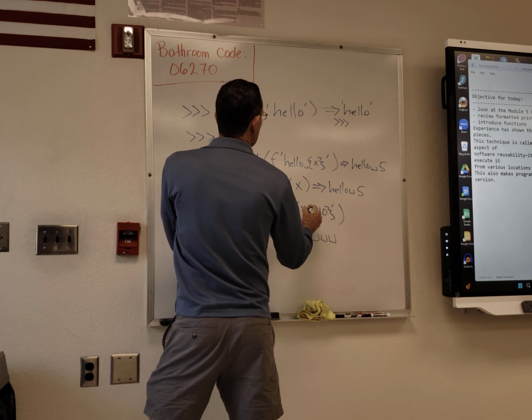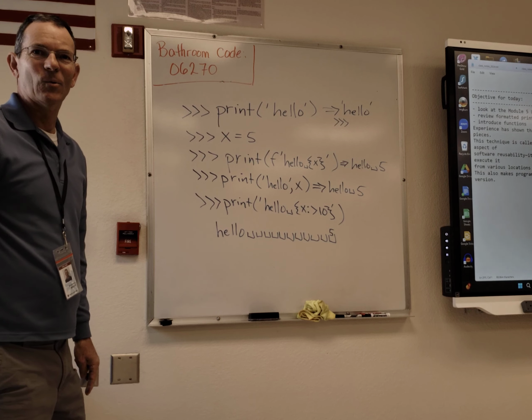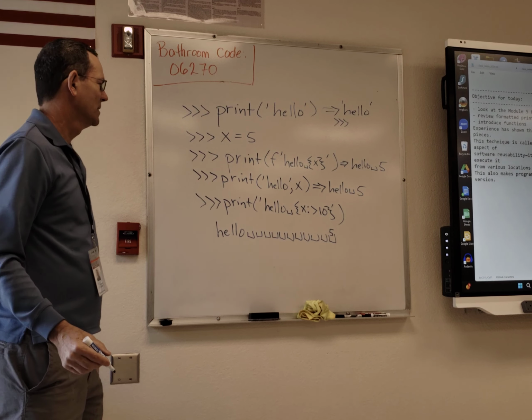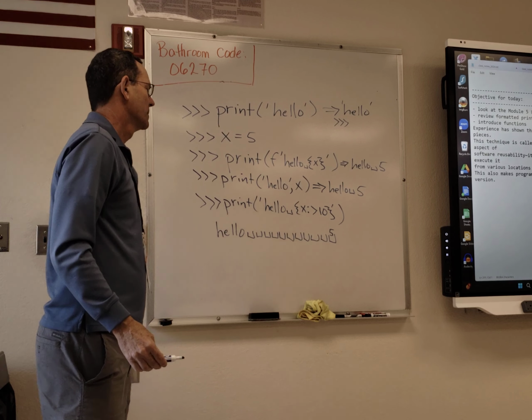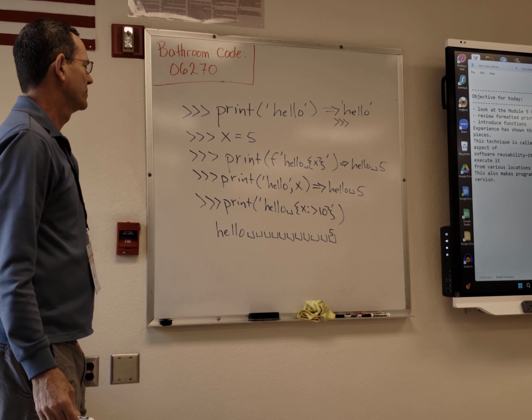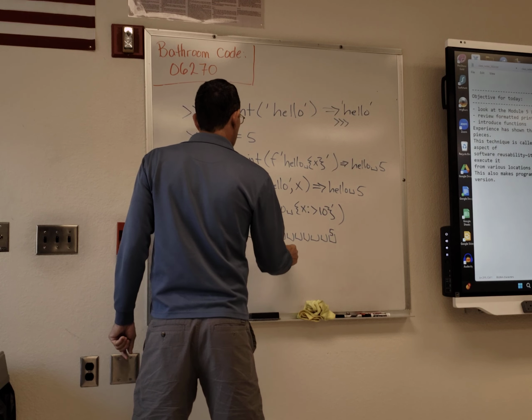And it's going to print the 5 right here. Way over there. Because I told it, print out hello and then X in 10 spaces. Okay? Does that make sense? So this is 10 right here.